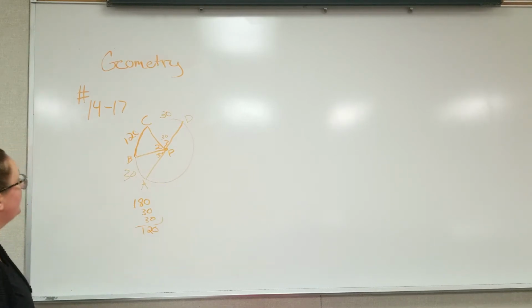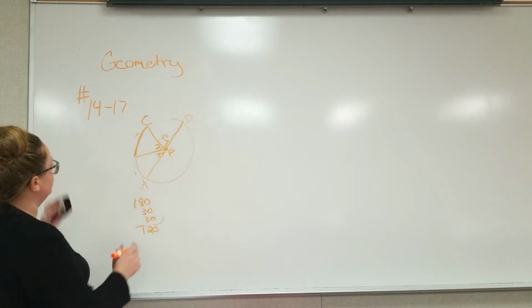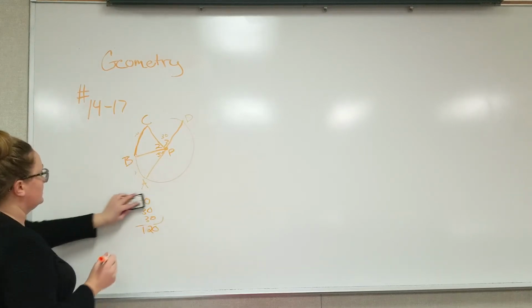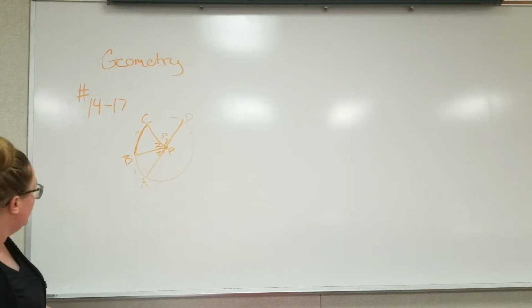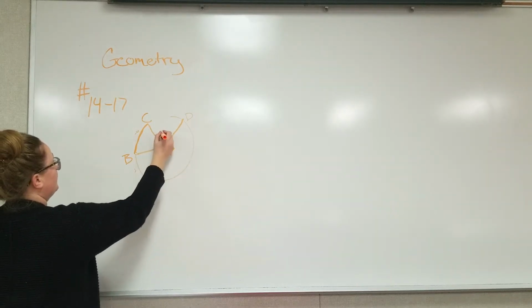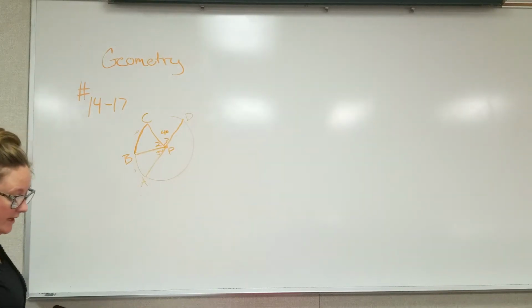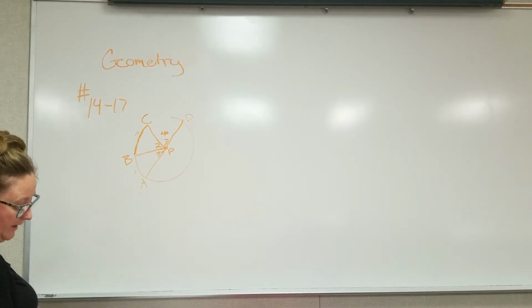And then number 17 says, if the measure of angle 3 is 40 degrees, so here's angle 3, it's 40 degrees, then arc ABC equals how much?